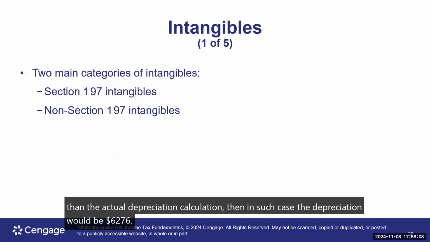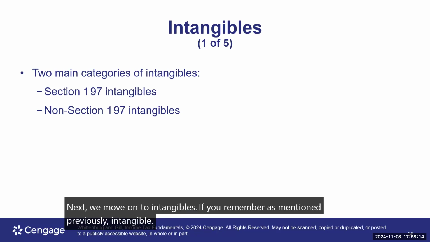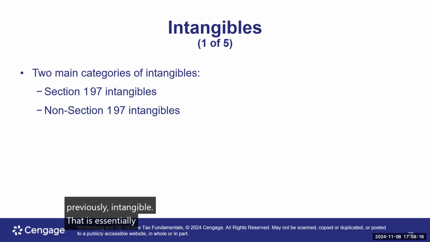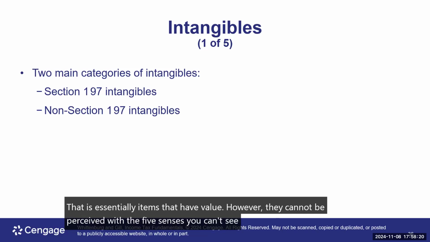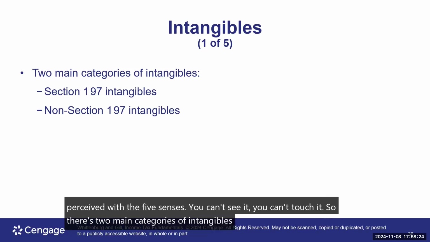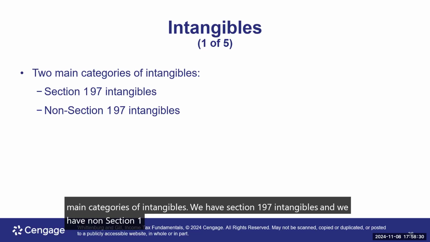Next, we move on to intangibles. If you remember, as mentioned previously, intangibles are essentially items that have value. However, they cannot be perceived with the five senses. You can't see it, you can't touch it. So there are two main categories of intangibles. We have Section 197 intangibles, and we have non-Section 197 intangibles.